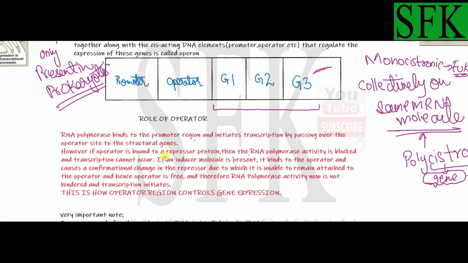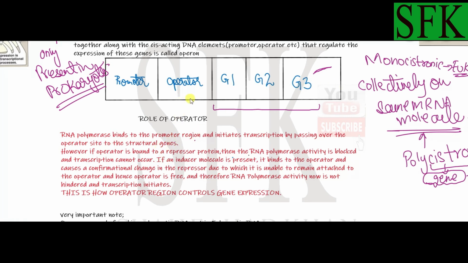So if the operator is bound by a repressor protein, then the RNA polymerase cannot pass over the operator. It is blocked. And if it is blocked, then what happens? The transcription will not occur. These genes will not be transcribed. So this operator has a key role in controlling the transcription of these genes.